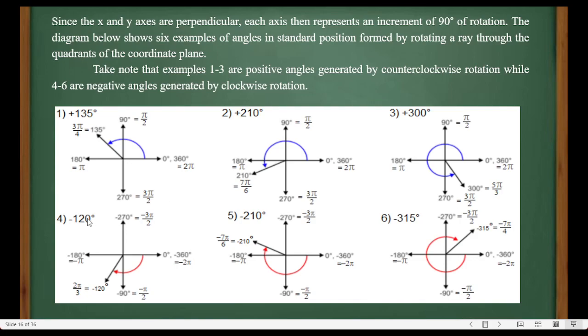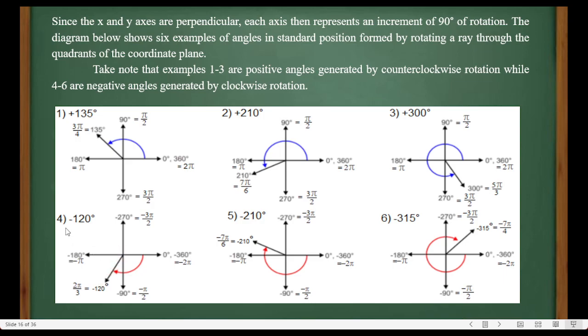While on the last 3 angles, each of these 3 is generated in a clockwise manner, as indicated by this red arrow curve. Initially the rotation starts from the positive x-axis, and it rotates in a clockwise manner until it reaches the terminal side.